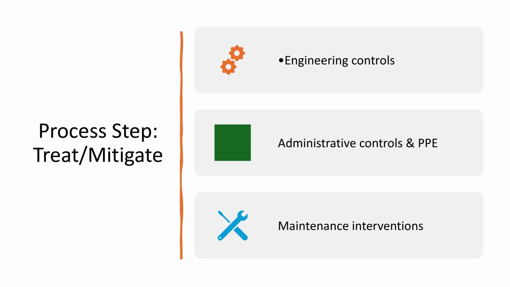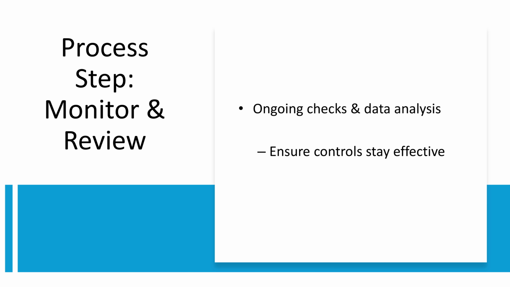Treat. You apply controls: engineering controls such as guardrails or interlocks, administrative controls such as SOP updates or training, as well as PPEs and maintenance interventions. And lastly, monitor and review. Controls are never one-off. You continuously check whether they are working through inspections, reports, and production data.